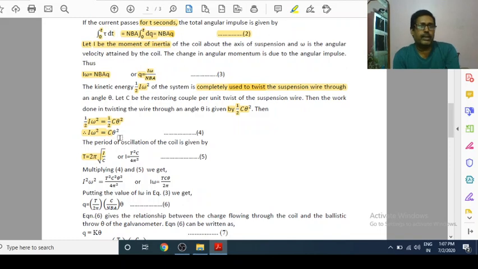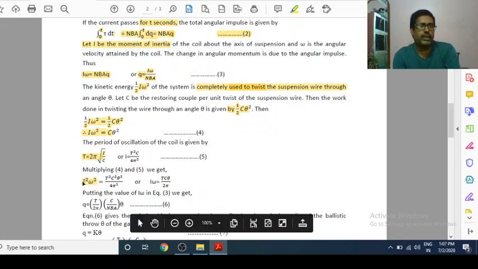If we multiply these two equations, I omega square into I gives I square omega square, and on the right, T square C square theta square by 4 pi square. So we remove the square from each part, and it will be I omega equal to this.